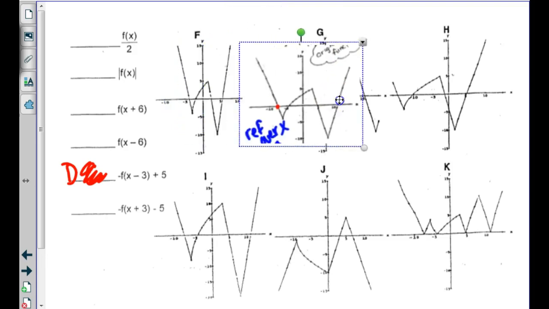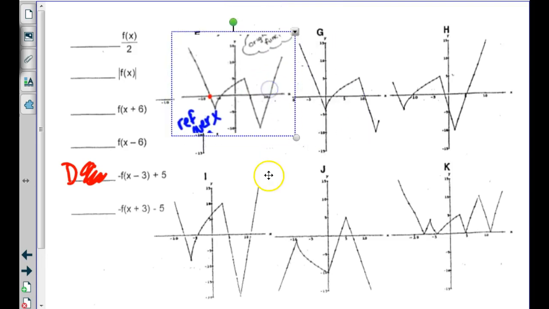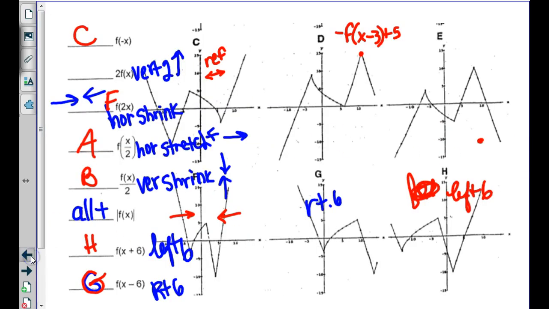I think we're on I. I is vertically stretched. Let's see. It's still crossing over here and here, but it used to go up to like 5, and now it's up to 10. So I would say 2 vertical stretch, which would be this guy.